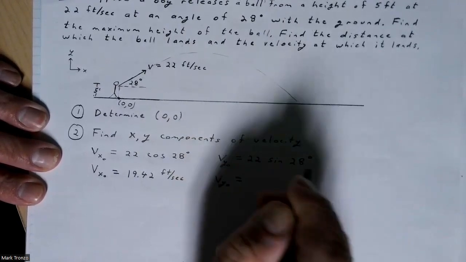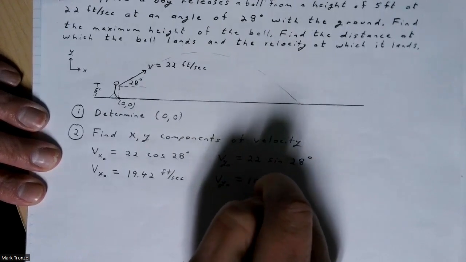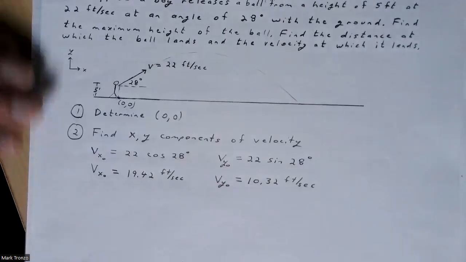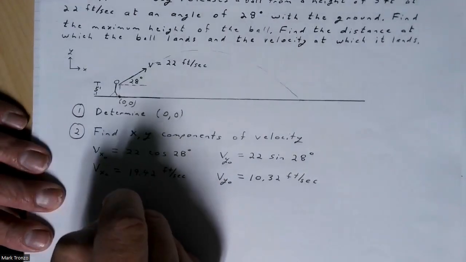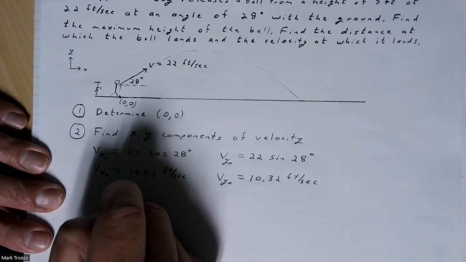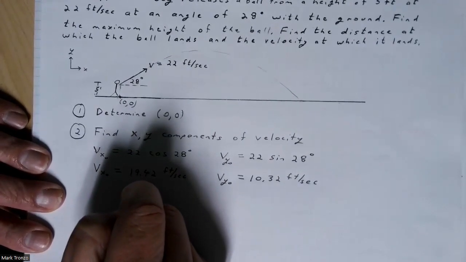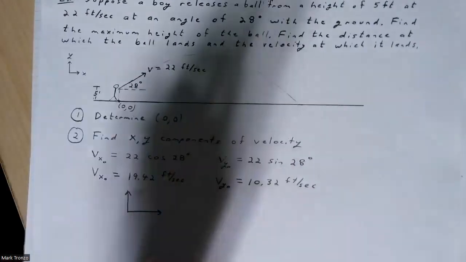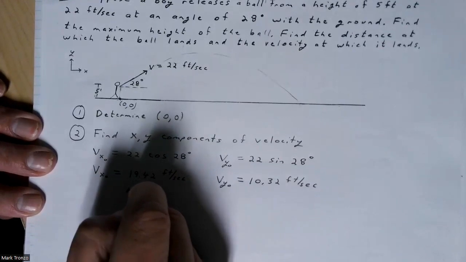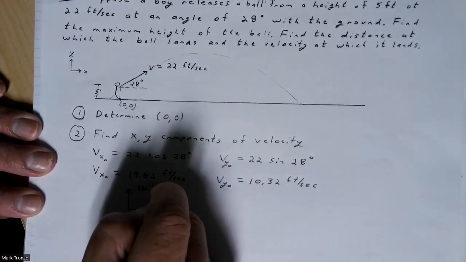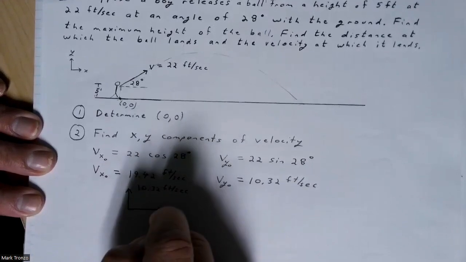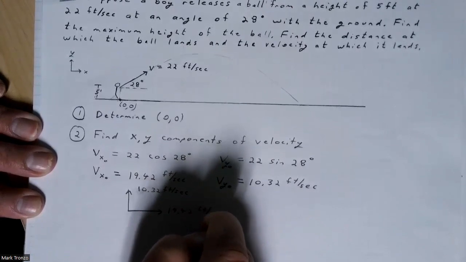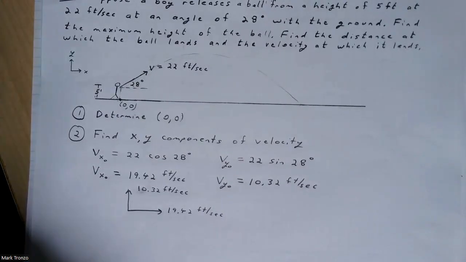Vy naught is 10.32 feet per second. So what that means is if we were to look at this, we have 10.32 here and 19.42 here.